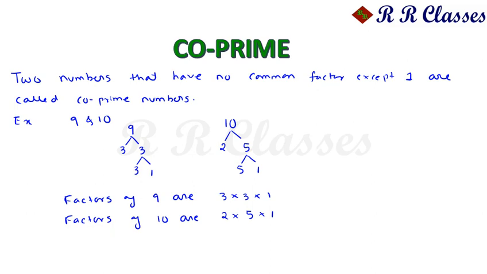If you look, 1 is the only common factor between 9 and 10. Therefore, we conclude 9 and 10 are co-prime. Got it? Two numbers that have no common factor except 1 are called co-prime numbers.